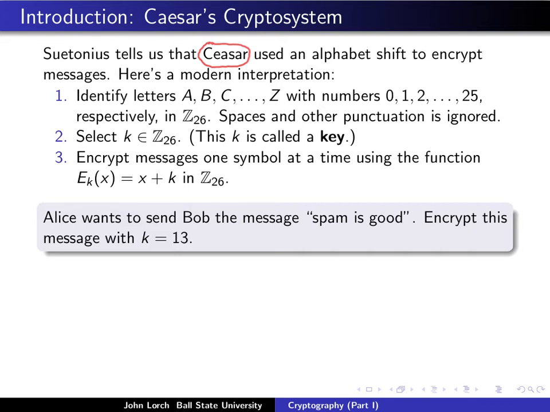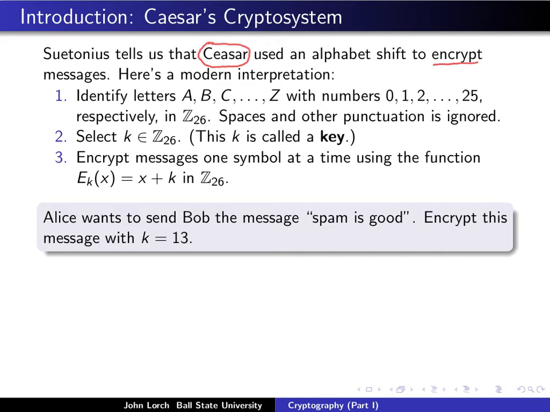So anyway, there's this Roman historian Suetonius who tells us about the lives of the Caesars. And one of the things that he relates is that Julius Caesar used an alphabet shift to encrypt messages. So the word encrypt means to take a plain text message, a message written in a natural alphabet, and then transform it into secret writing.